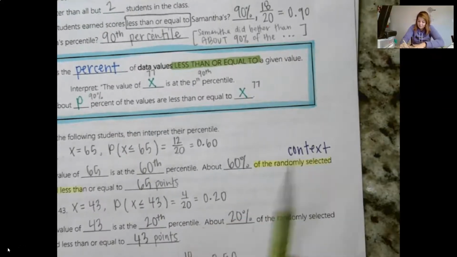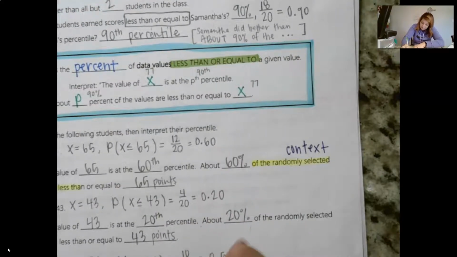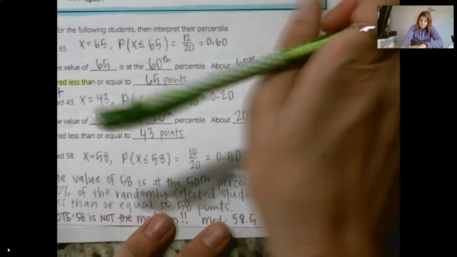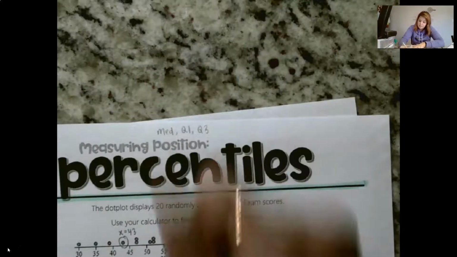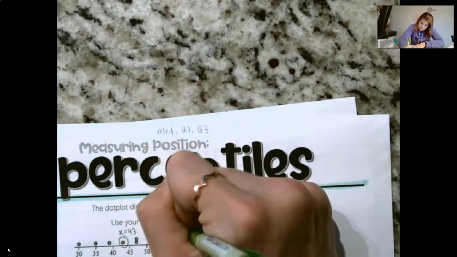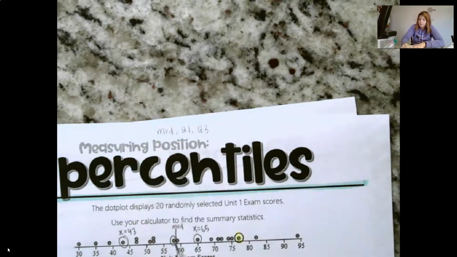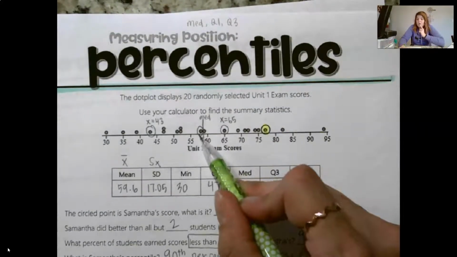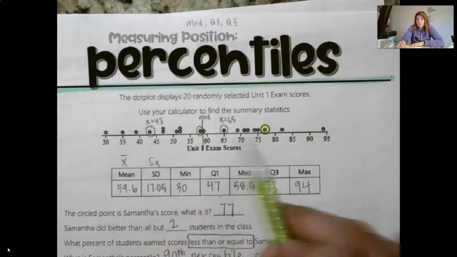The median is 58.5. And the reason why is because the median is right here. It's in between Bridger's score and the person that scored 59. So even though Bridger is the 50th percentile, that is not the median.